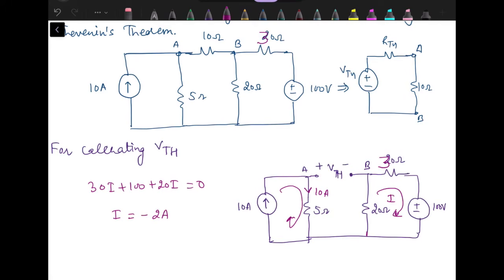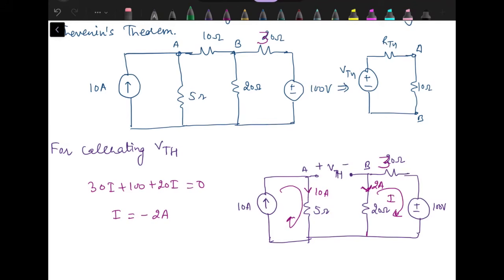Minus 2 means current is actually flowing opposite to the assigned direction. So we can say 2 ampere current is flowing in downward direction, since according to our assumed direction it was upward. So we found the current through 20 and 5 ohm resistance.